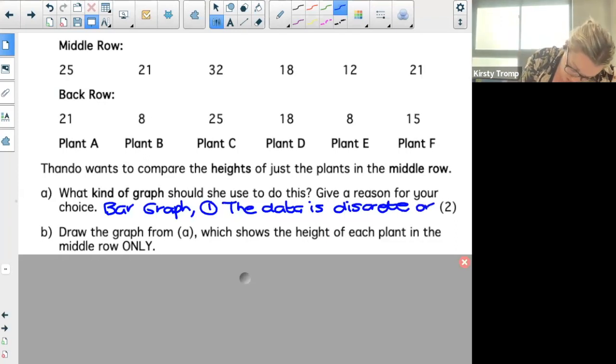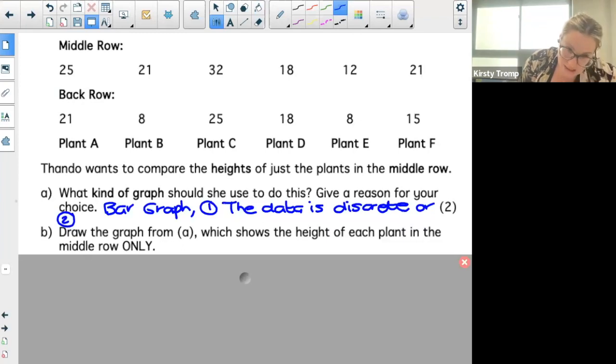The second reason we could give is that we're comparing the different plant heights. So they're different categories, different plants, and we're comparing their heights. So unrelated data, the categories, to the related data, which is the heights.